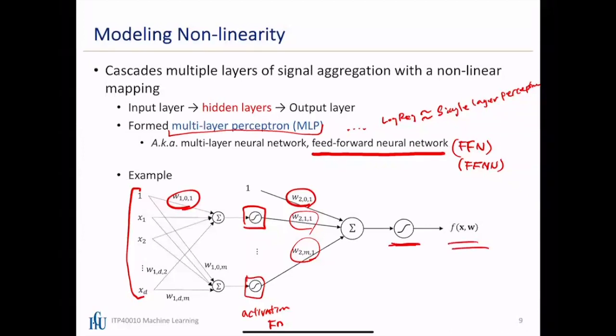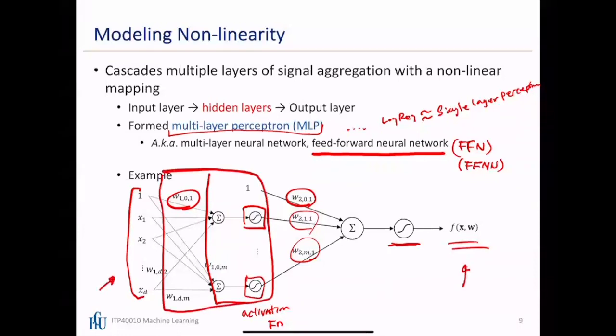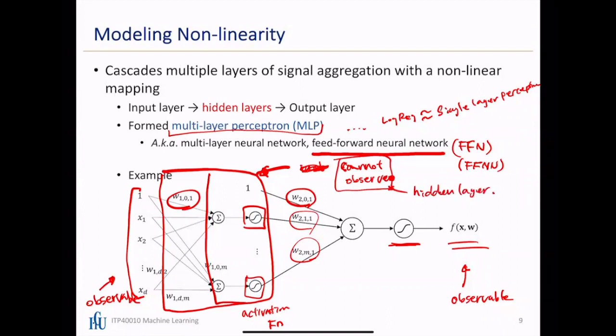In this MLP, we can see the input and we can also see the output, but we cannot see something in the middle. Something in the middle that cannot be observed is a hidden layer. So this model is called an MLP with one hidden layer.